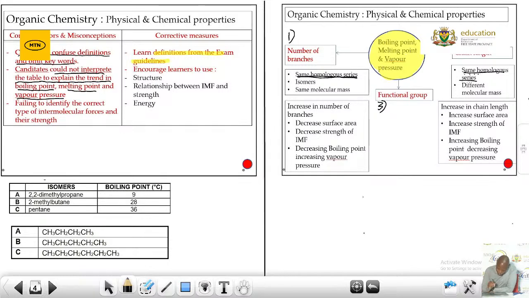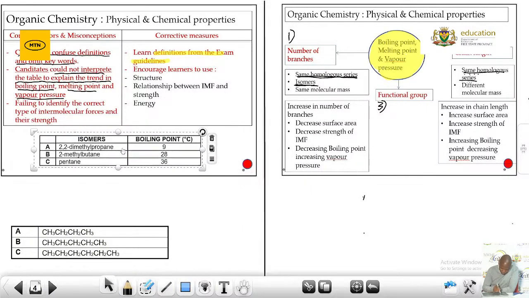So for me to explain in terms of the number of branches, the compounds that I am comparing must be isomers of each other. What are isomers? Compounds with the same molecular formula but different structural formulas.